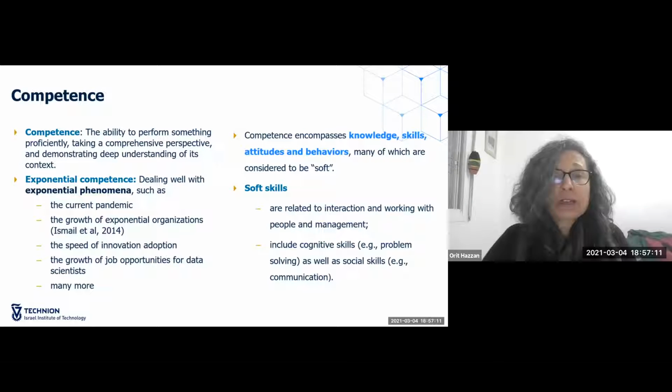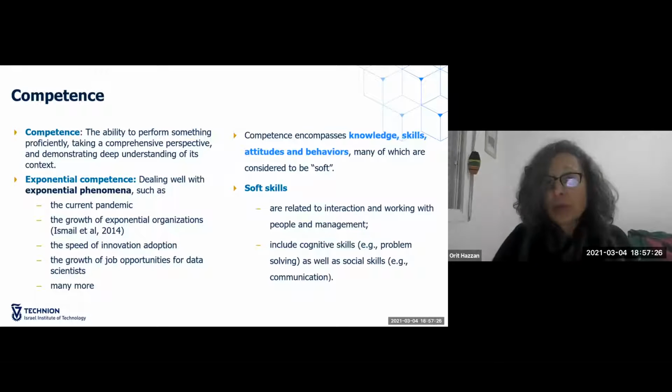Exponential competence means dealing well with exponential phenomena, such as the current pandemic, the growth of exponential organizations, the speed of innovation adoption, the growth of job opportunities for data scientists, and many, many more.